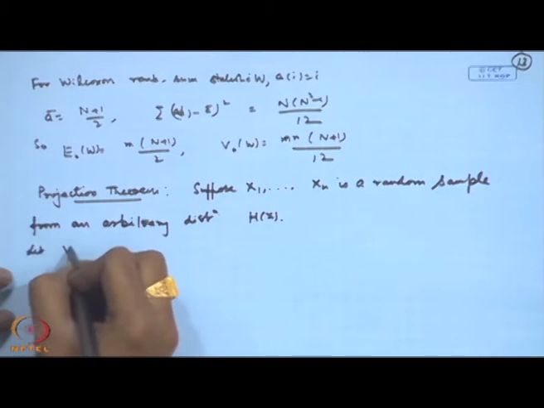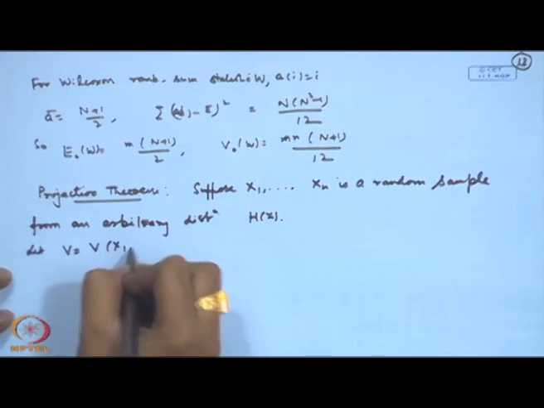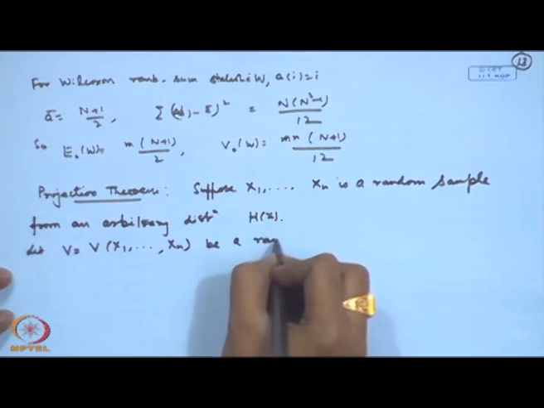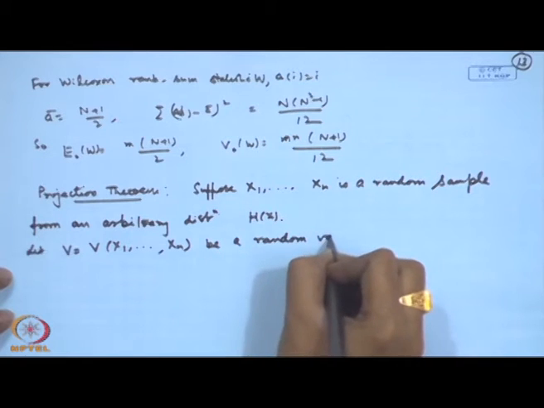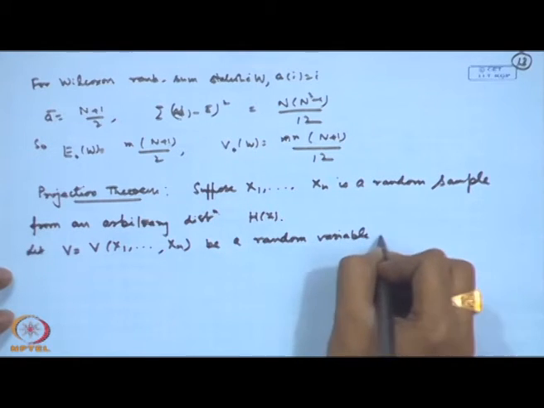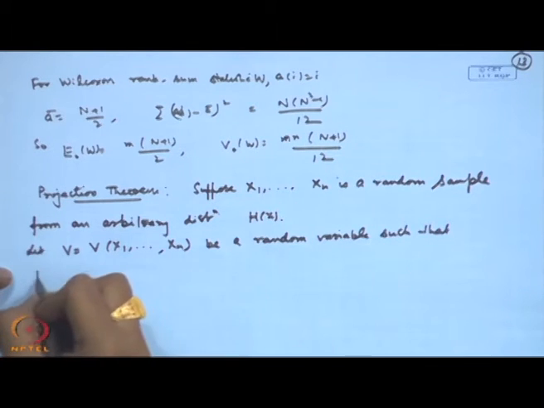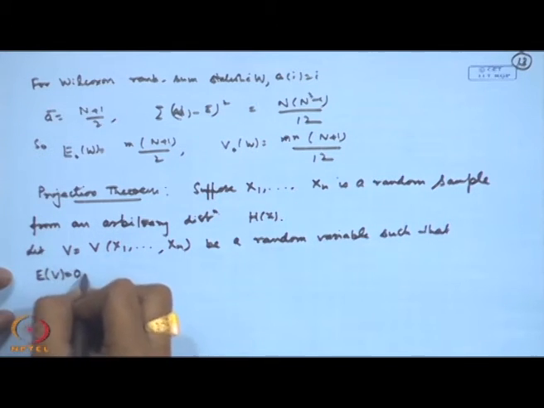Let V is equal to V(X_1, X_2, ..., X_n) be a random variable such that expectation of V is equal to 0.